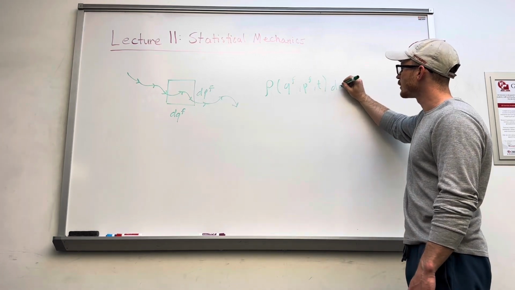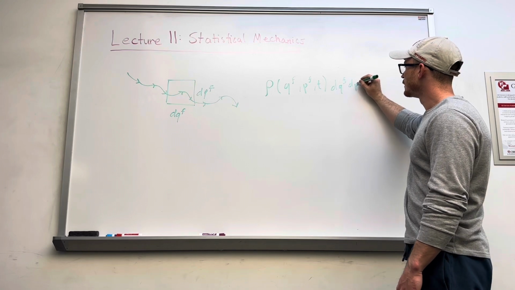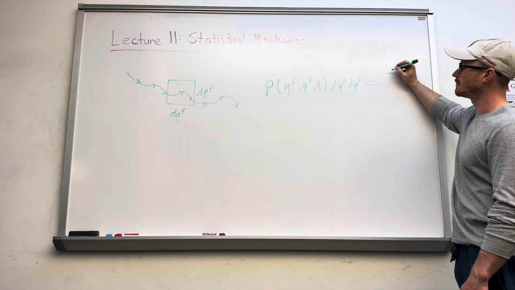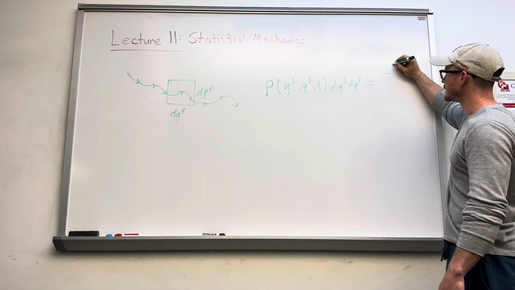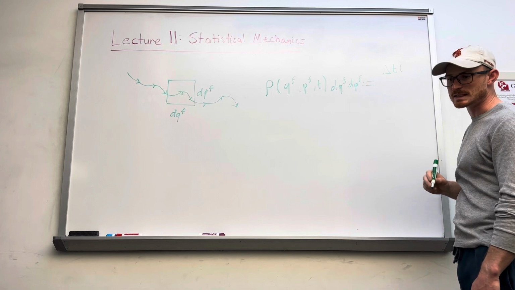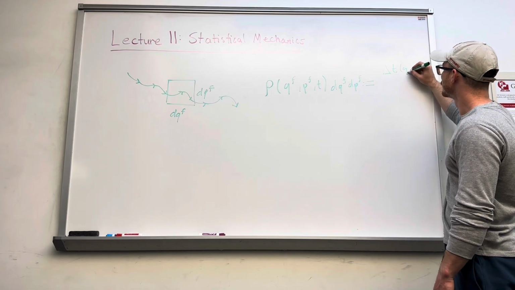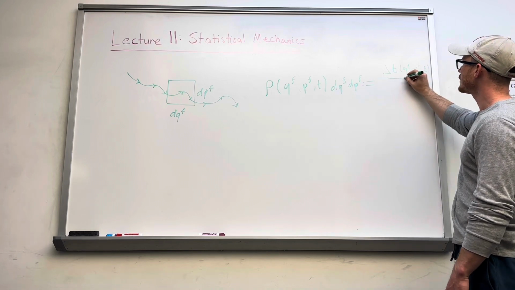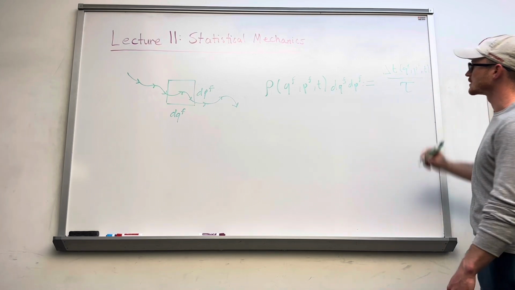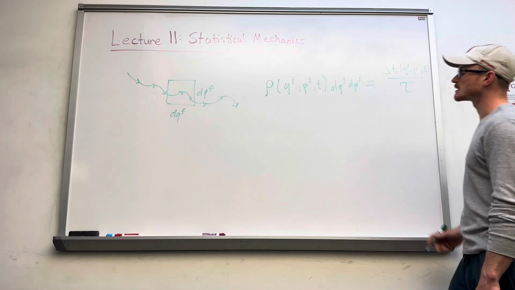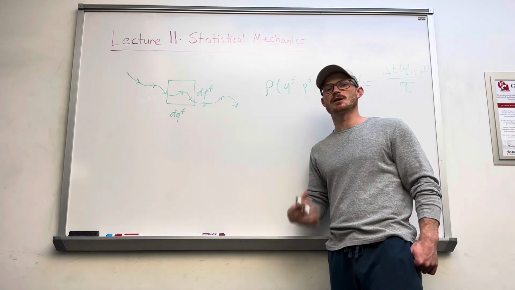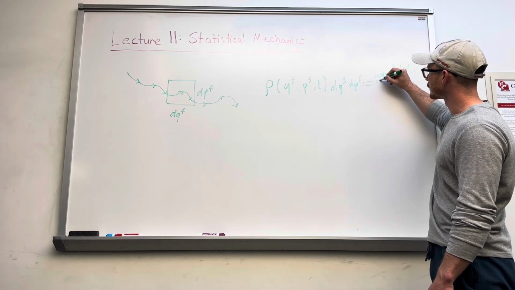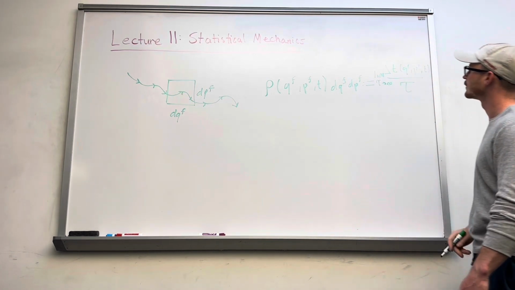Rho times the volume of this cube is going to be defined as how much time the system spends in the hypercube, which we're going to say is delta T, which depends on the QF, PF, and T, divided by the amount of time we observed the system. Now, in order for this to be an accurate probability, we need to observe the system for a long time. So we include the fact that we need to take the limit as tau goes to infinity here.